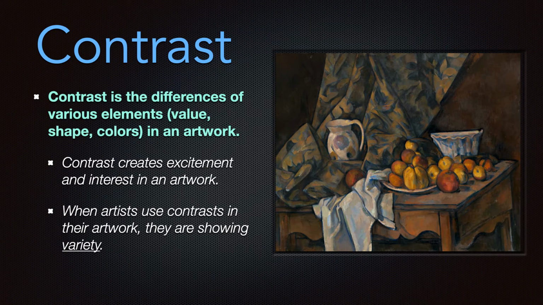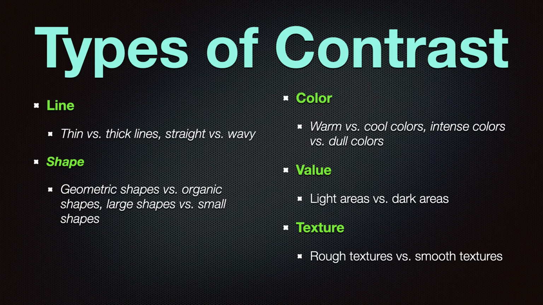Notice the pattern on the curtain versus the solid blank wall. Notice the contrast of shapes. Apples and peaches are organic shapes, contrasted with the geometric shapes seen in the table. Notice the contrast in values, lights versus darks. Lots of contrast going on in this painting to create an interesting piece of artwork.